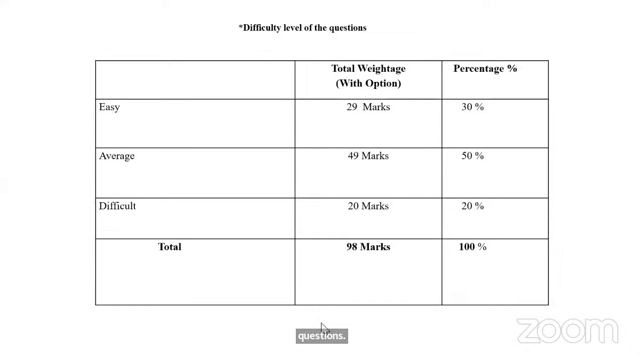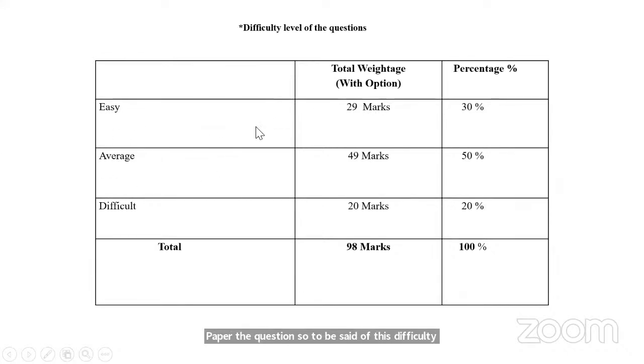This slide explains to you the difficulty level of questions. Here, I would like to relieve your burden, because many times students feel that physics is too tough. So let me assure you that this is the difficulty level of questions. This is again a board pattern. So the entire question paper, the questions are to be set at this difficulty level.